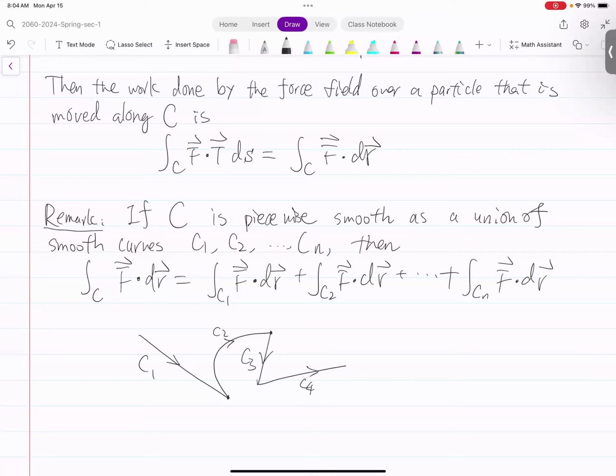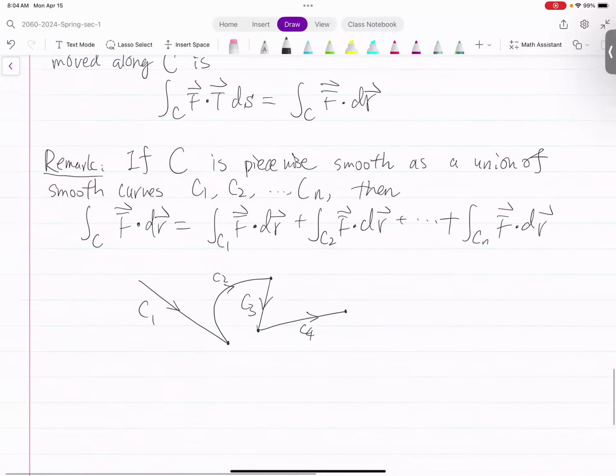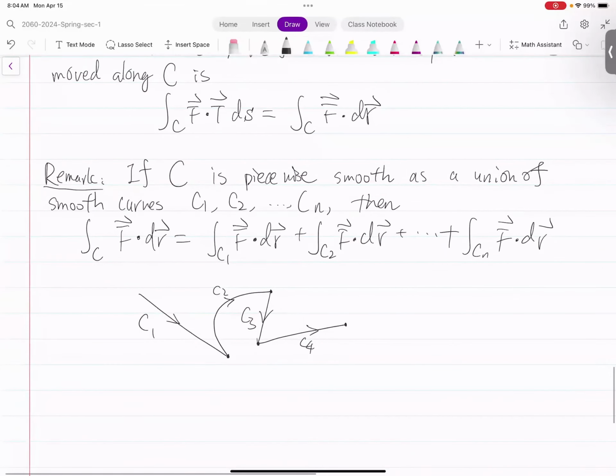So C consists of 4 different pieces which are piecewise smooth, right? But then it's similar logic to the physical sense that you accumulate along every curve. It will be the work accumulated from the initial start point right here to the end point right here, right? Remark.